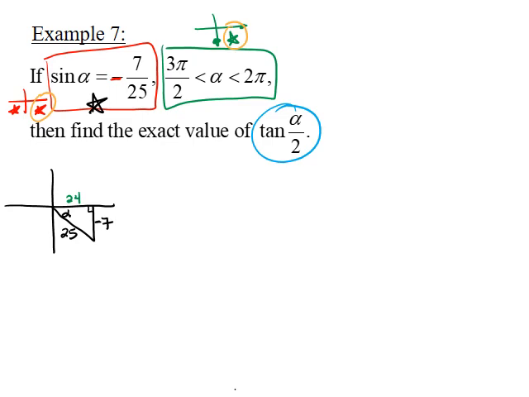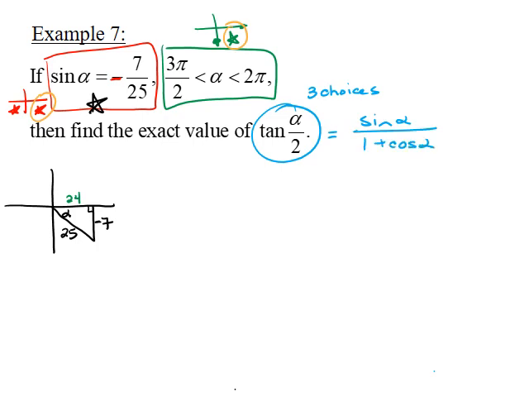Okay, so one thing I want to point out is the following. If we want to find tangent of alpha over 2, we have 3 choices for this formula. And it's really up to you which one you want, okay? I am going to choose to work with positive values, and not a radical, so I'm going to use this formula.